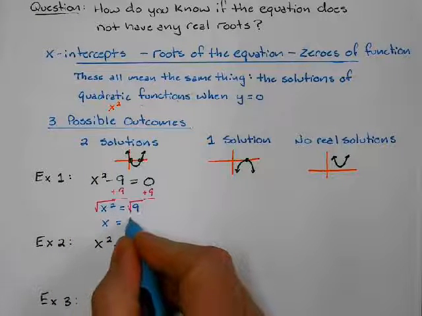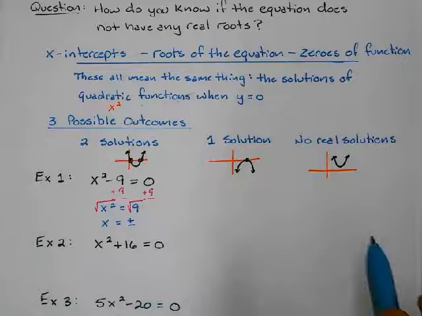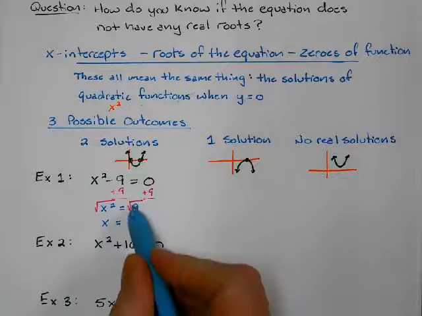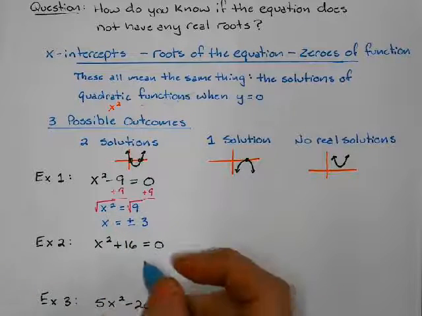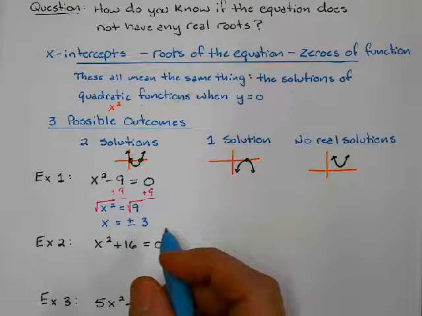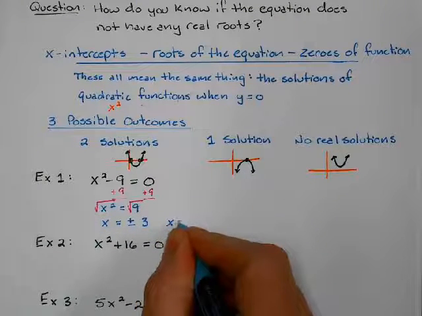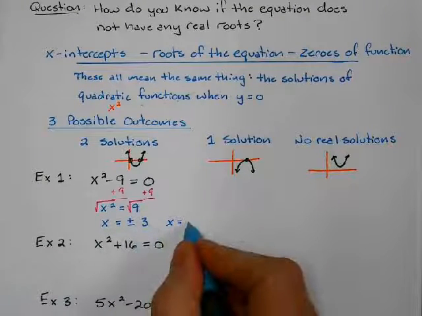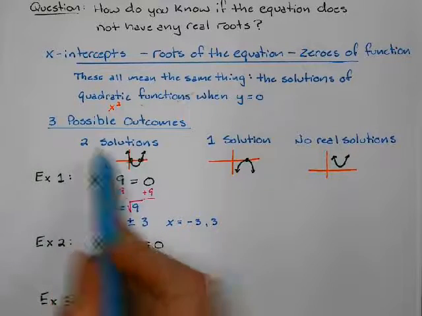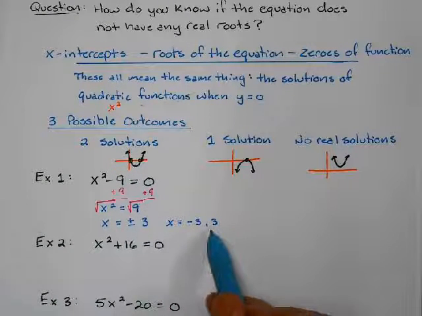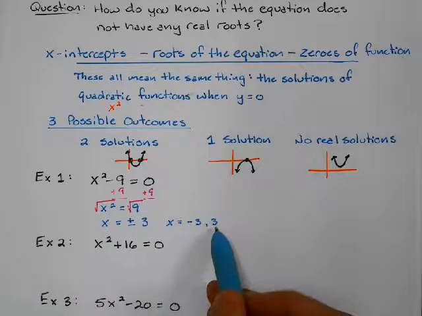And so what we're going to do is add this plus or minus sign anytime we take the square root from both sides. And the square root of 9 is 3. So this means that there's two answers. One of my answers is positive 3, so x can be 3, and x can be negative 3. So my two answers are negative 3 and positive 3. Two solutions. That means there's two x-intercepts. One of the x-intercepts would be at -3, and one of them would be at +3.